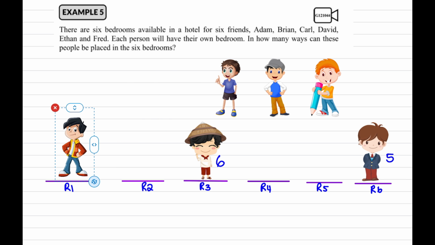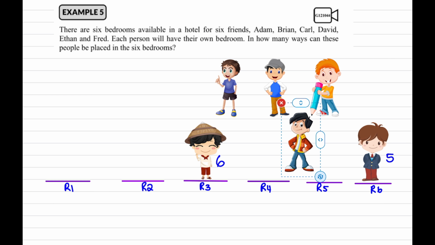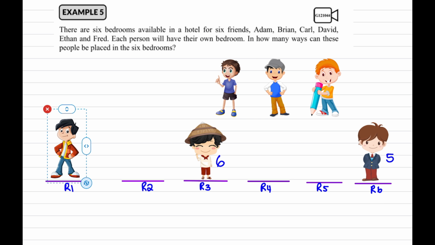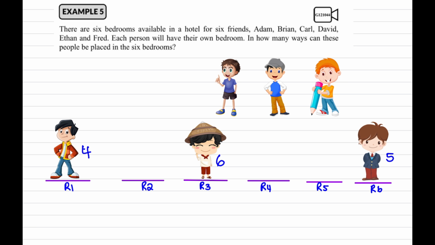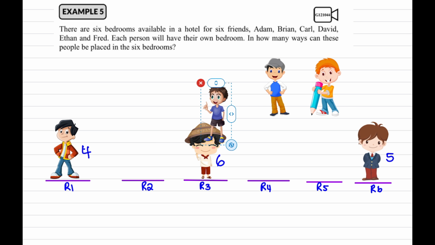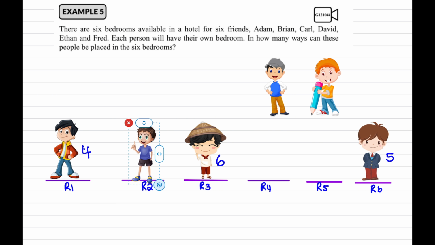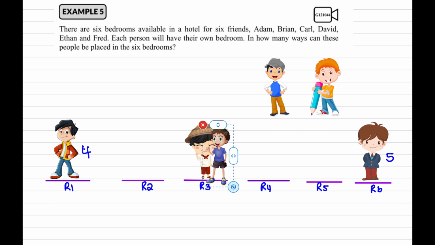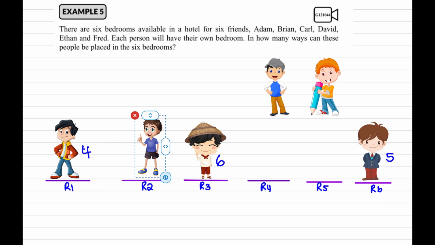Next we have Carl, and can you see the amount of rooms for Carl now is 4 rooms. So Carl has 4, and we continue to do that for the other friends as well. So David can only choose between 3 rooms because 3 other rooms have already been occupied by Adam, Brian, and Carl.